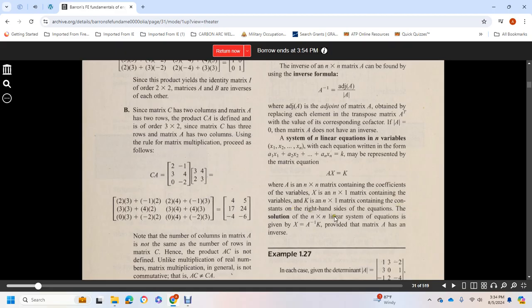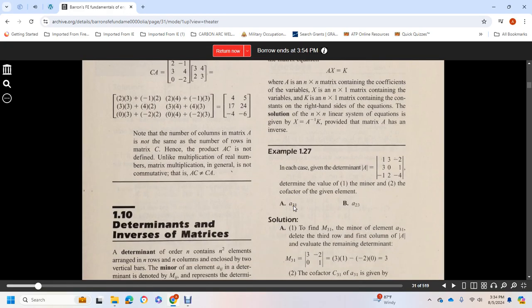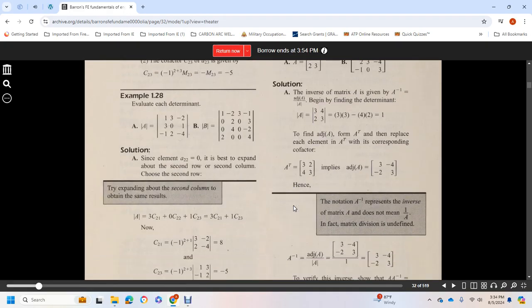The solution of the system of n linear equations is given as X is equal to A^-1 times K, provided that matrix A has an inverse. Then it goes into examples.